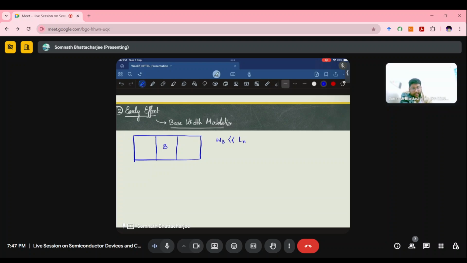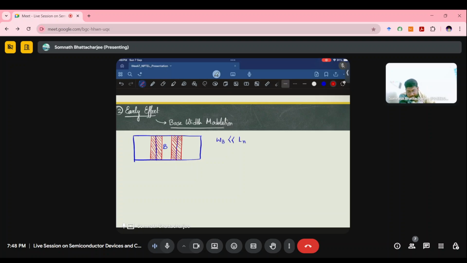So Ln is the diffusion length, and now the problem is that, based on the depletion regions, here is the depletion region, the base-collector one, and here is the base-emitter one.